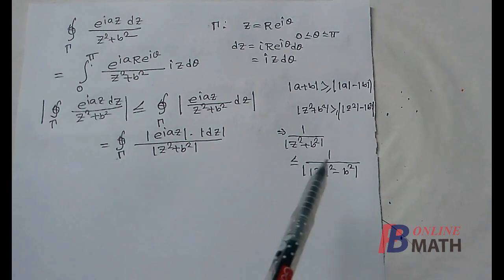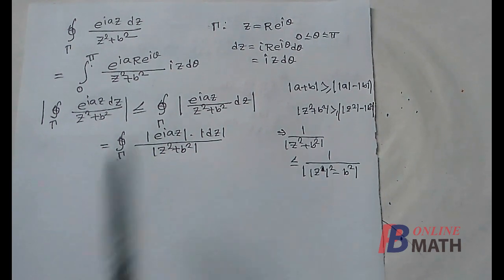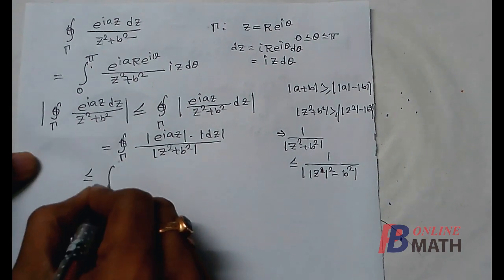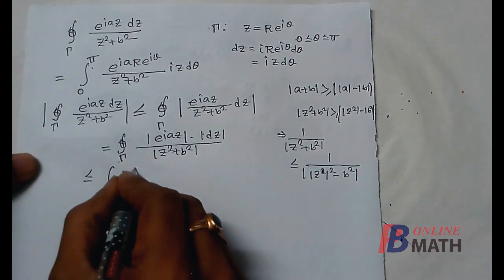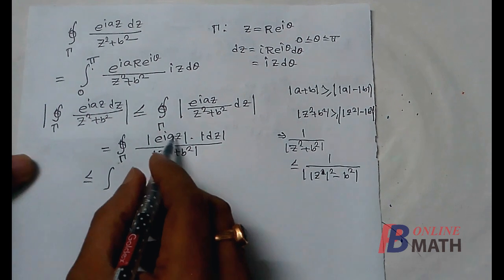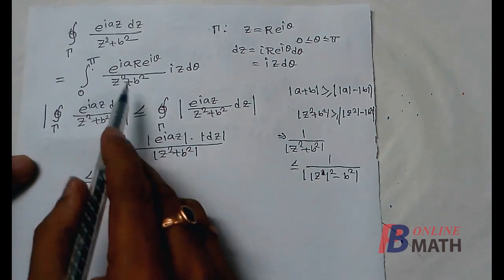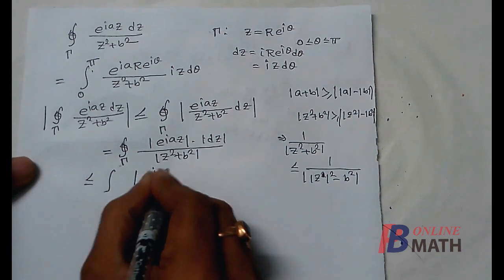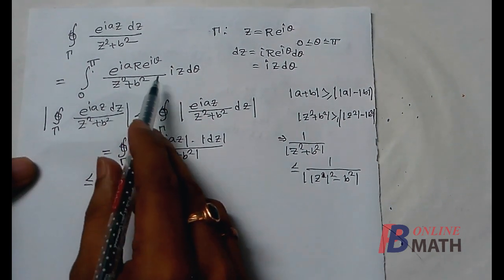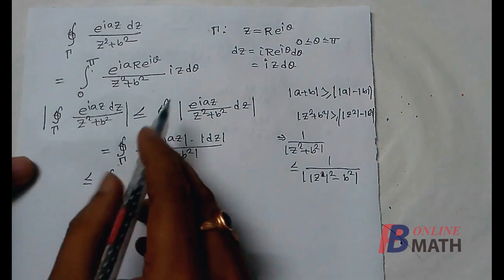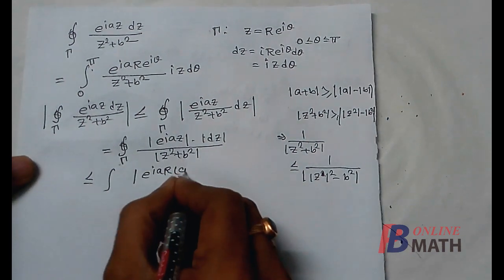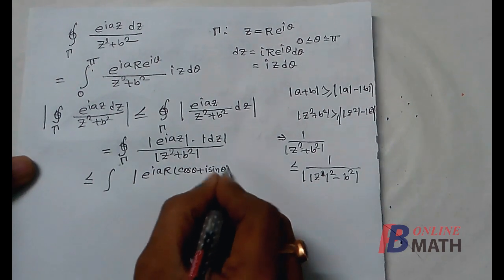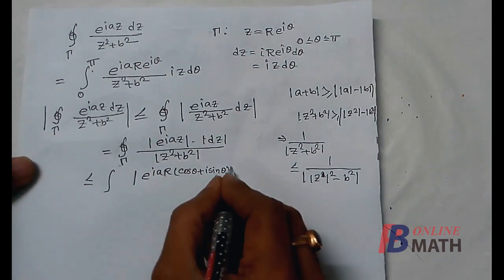So if we apply this inequality, then we shall find that it is less than or equal to the integral. Now modulus of e to the power iaz, we have already obtained that this is equal to this one. So e to the power iar e to the power i theta. So e to the power i theta can be written as cos theta plus i sin theta, its modulus.